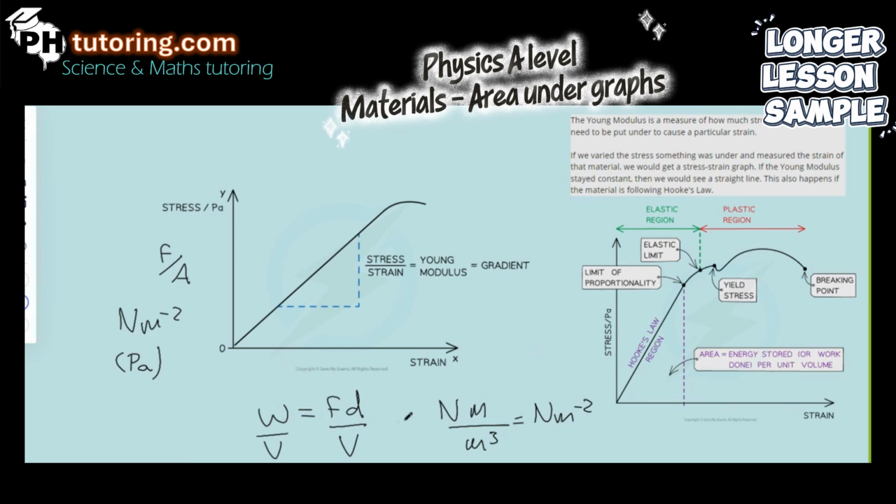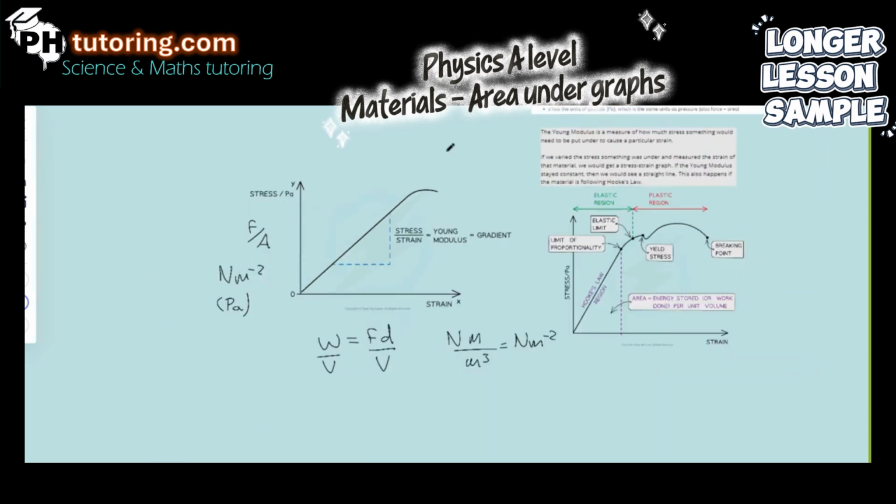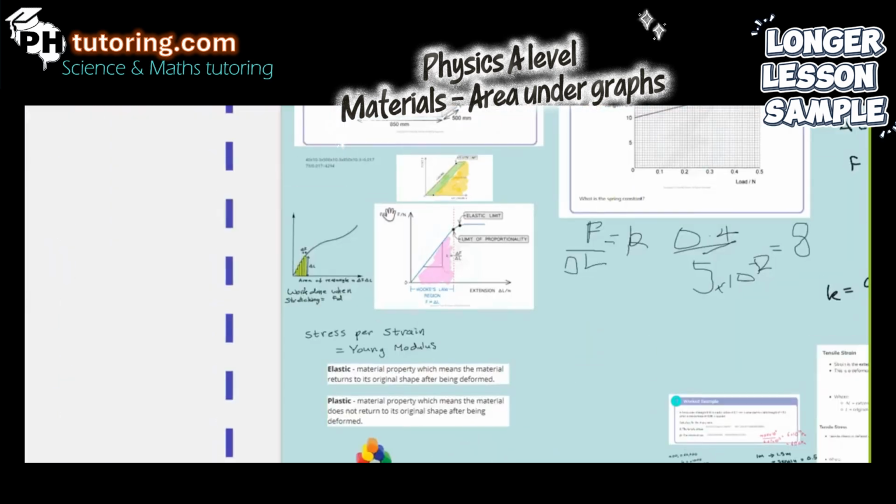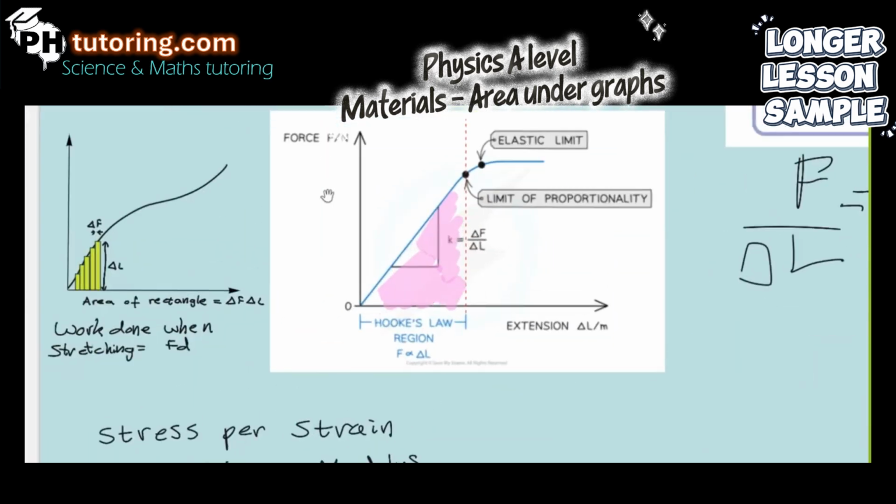Well, if we imagine that the work done per volume is equal to force times distance per volume, that's newton metres divided by metres cubed, which works out to be newtons per metre squared, which is exactly what the unit of the area would be. So in a stress strain graph, the area is the work done per volume of the material, and in a graph of just force and extension, it's just the work done.